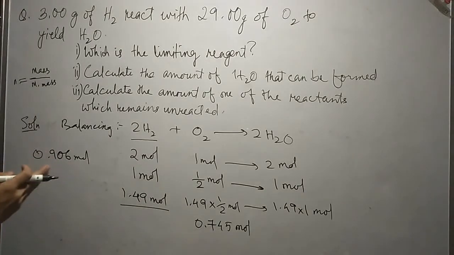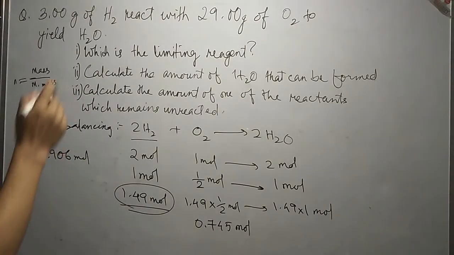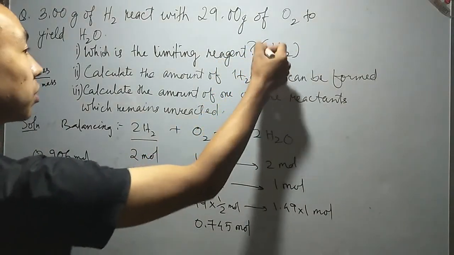Still a few moles are remaining. That means in this reaction hydrogen molecule is used up first. It gets over first. That's why the limiting reagent is hydrogen molecule.